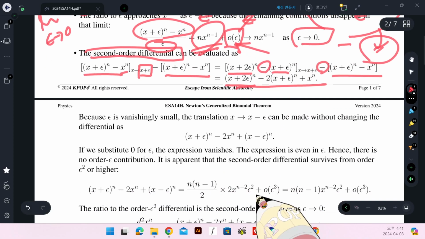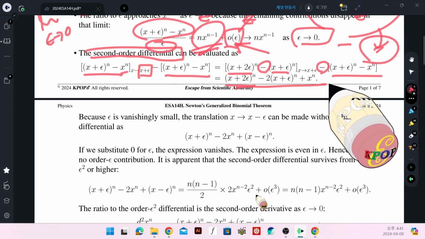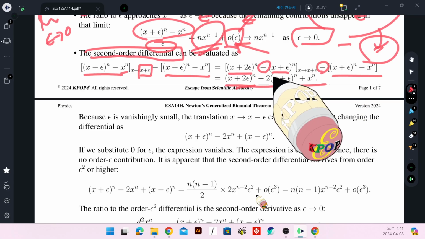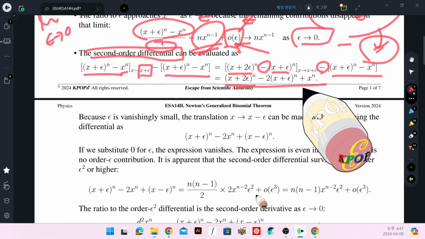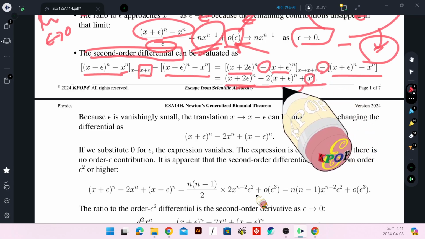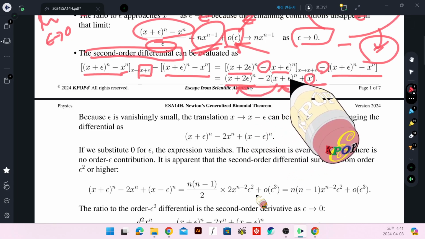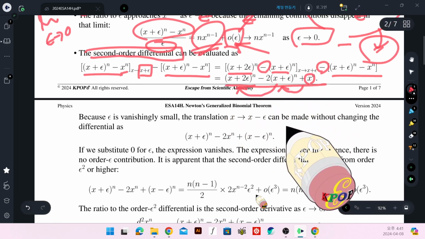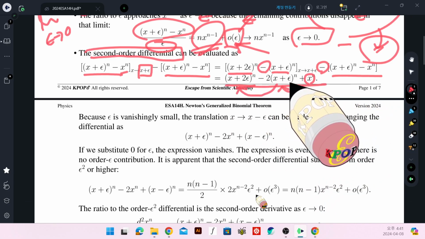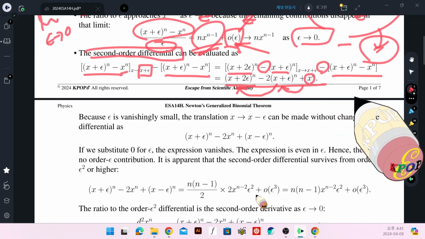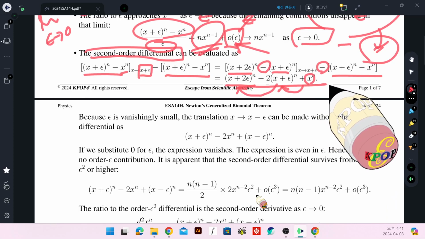By the way, it is more convenient to express this one in a simple form. We remember this one, x is shifted by epsilon, and then x is replaced with x plus epsilon. Why don't we translate the whole object by minus epsilon? Then this expression becomes a very compact, symmetric form.